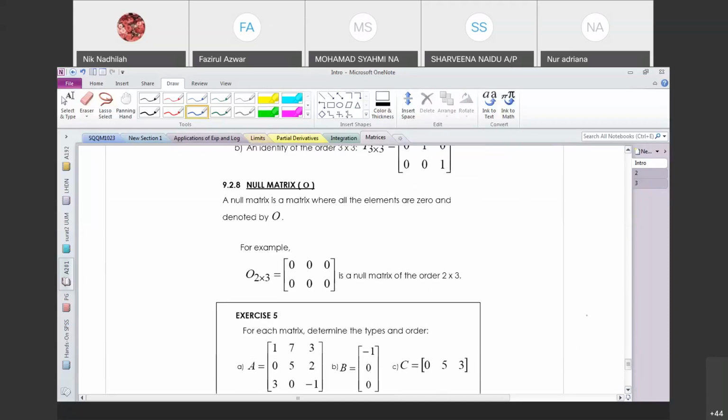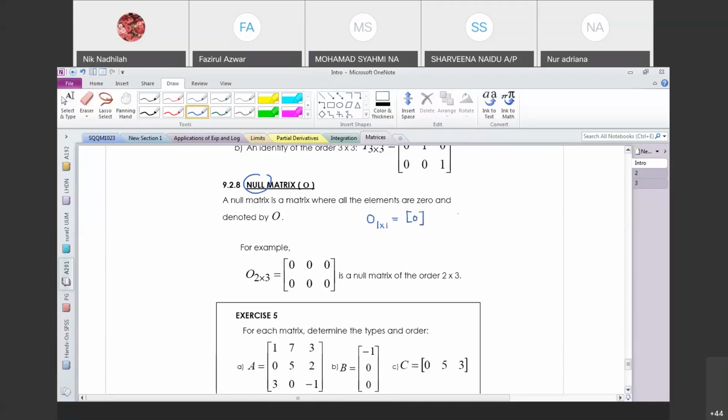Okay, and then we have null matrix. Well, null matrix is referring to the 0 matrix. But a null matrix is not limited to square matrices of any size. For example, null matrix 1 by 1, the element will be a single 0.